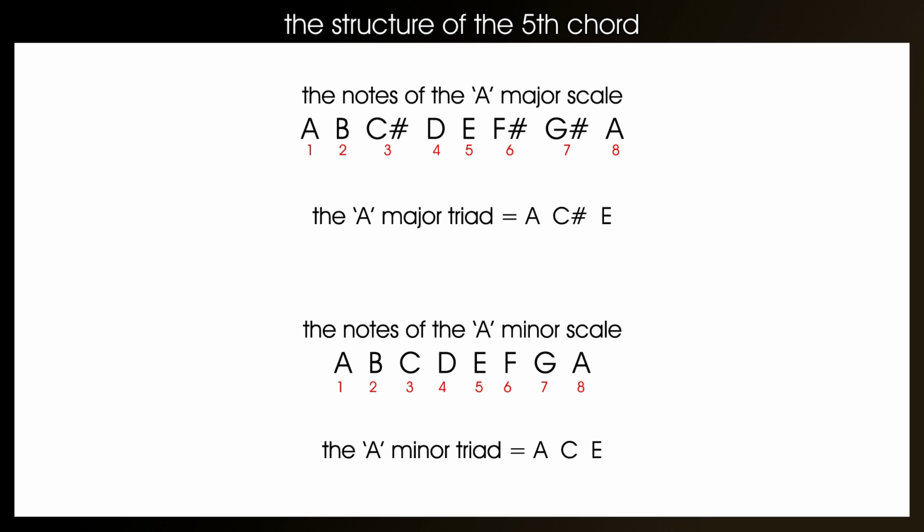You can see here we've got two A scales, one's the A major and one's the A minor. And the A major has got 3 sharps in it, whereas the A minor has got no sharps in it.